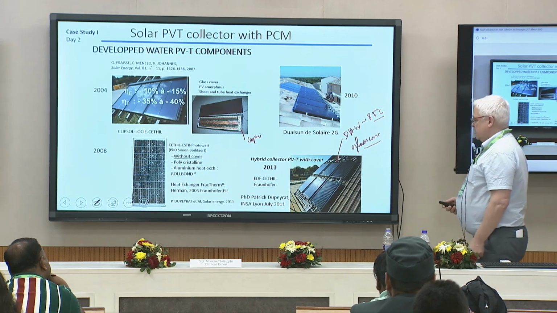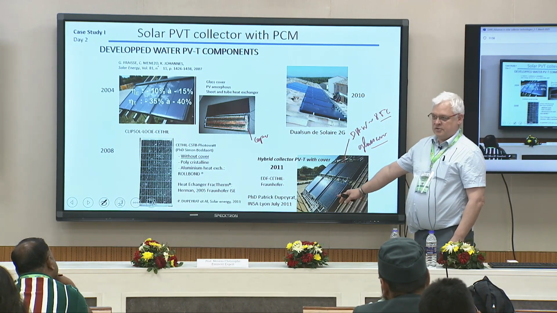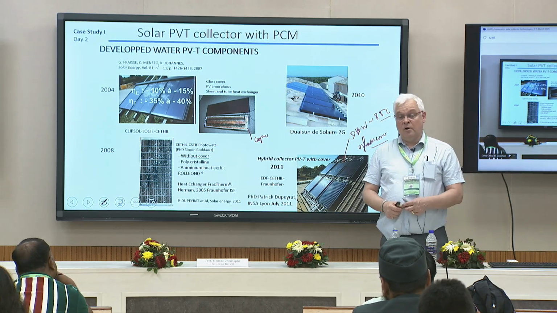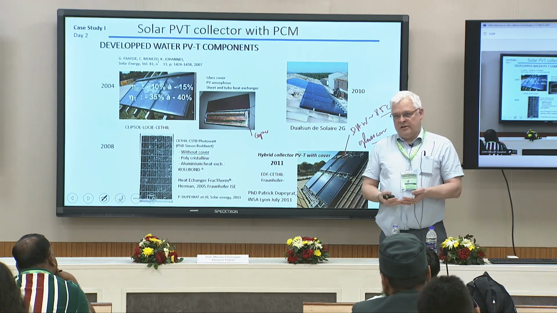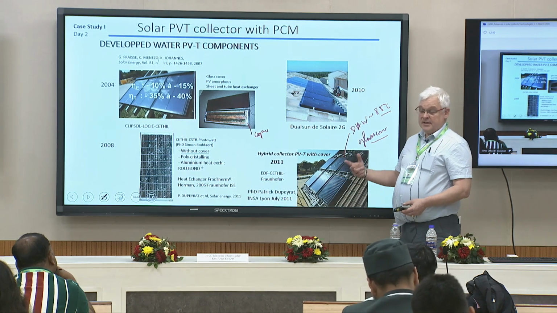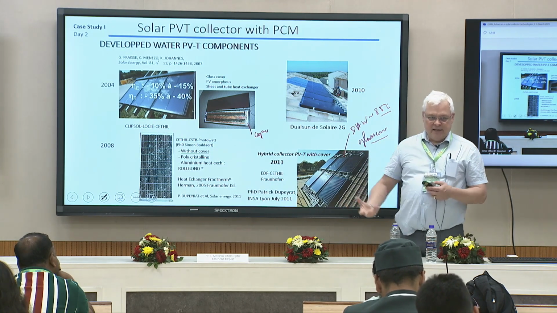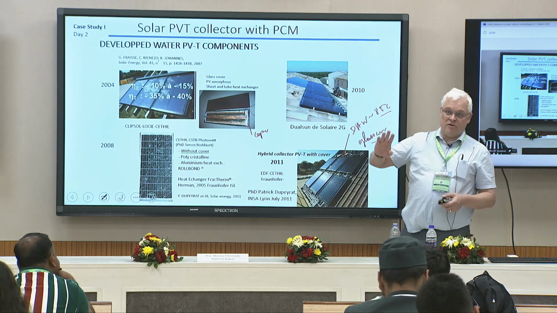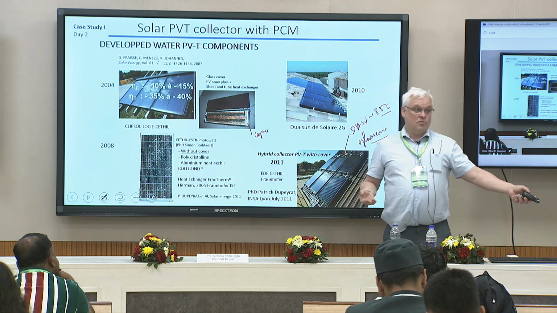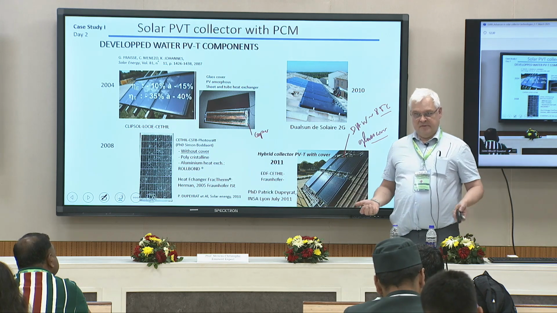It is the reason why you don't really find industrial application of such components, because it is too dangerous for industry to sell such a covered hybrid PVT, because in terms of warranty and insurance, you can imagine that if the temperature grows too much, for example when people go on holiday and don't use hot water, the temperature could increase and destroy completely the PV function.